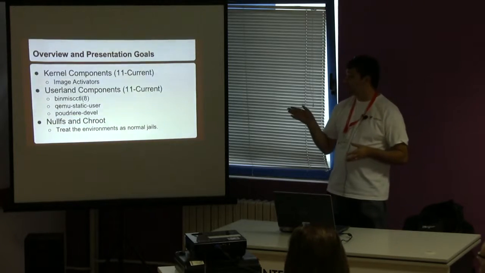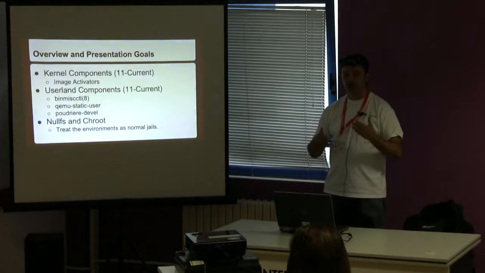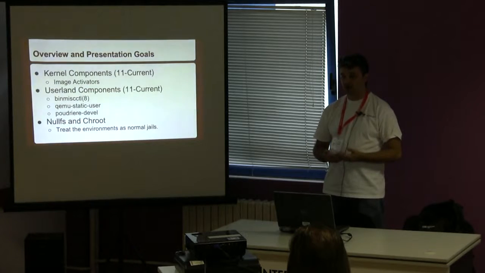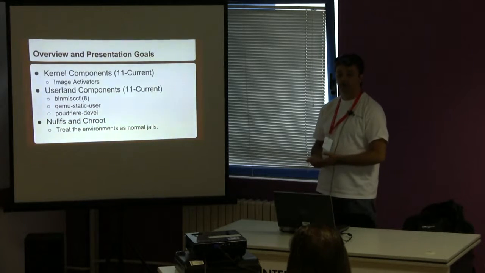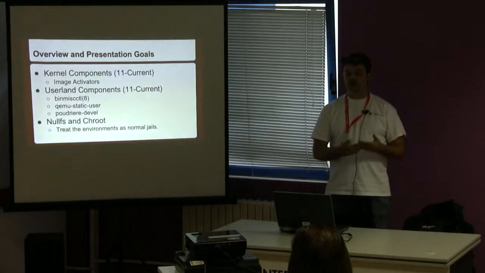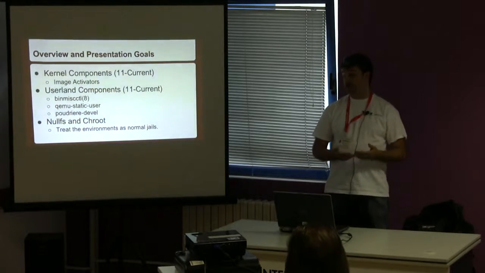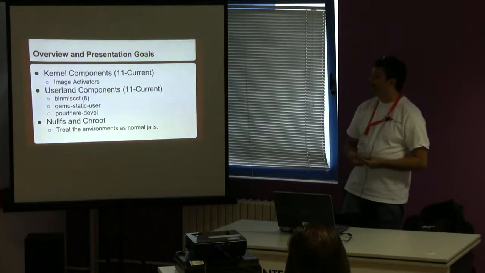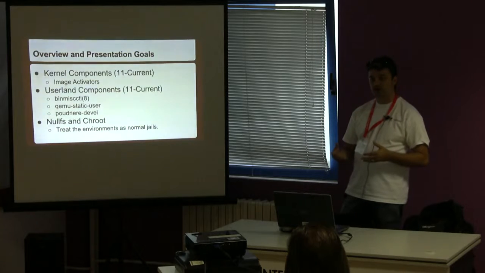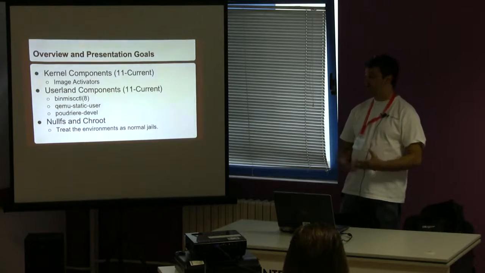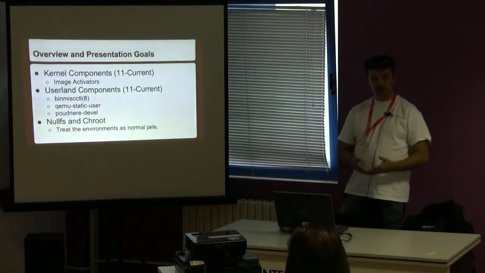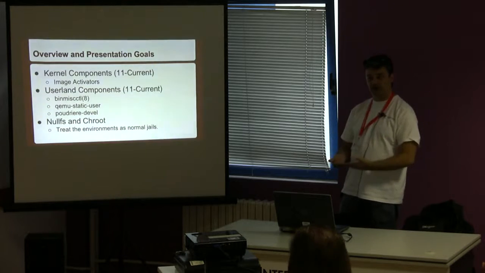The kernel components, I want to show some of the code that's involved in the kernel to actually intercept execution, interpret the ELF header, and redirect execution to an emulator. It's very cool. The userland components: the tool binmiscctl is the tool you use to configure the redirection.